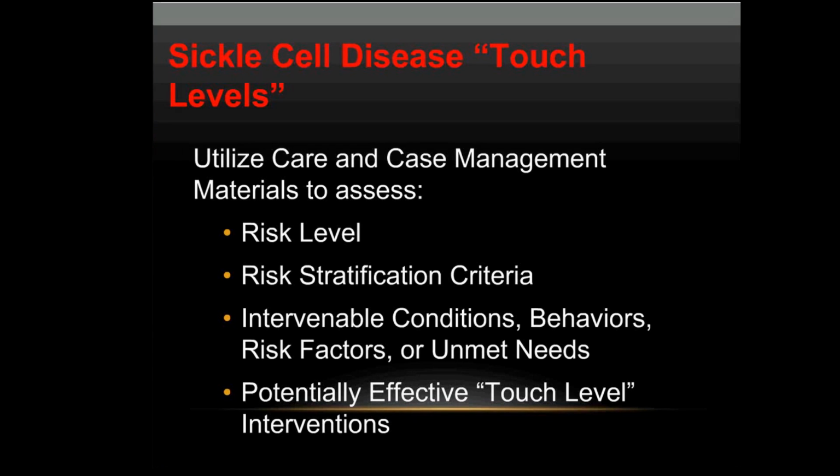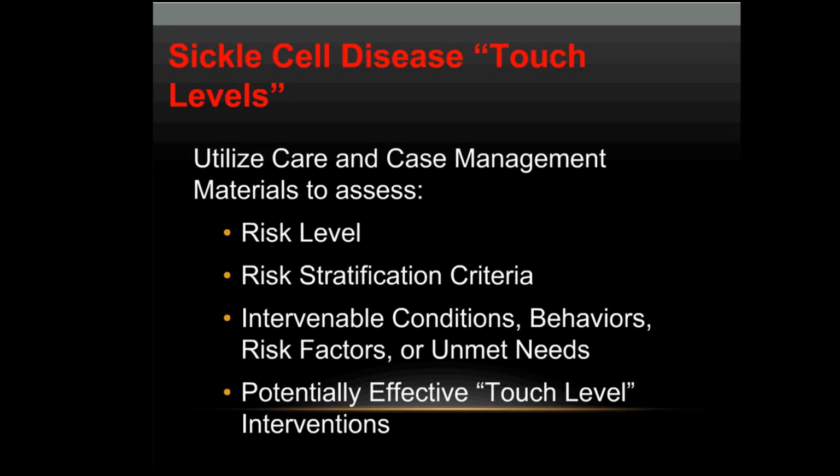Part of it might be their living situation, how well they can be taken care of in general, what resources the family does or doesn't have. You want to look at risk levels and look at what's going on with an individual. Are they kind of going down the slippery slope of having all the different complications? And you want to stratify those levels based on what's going on with them and see what things you can intervene on. What things are related to their particular behaviors?